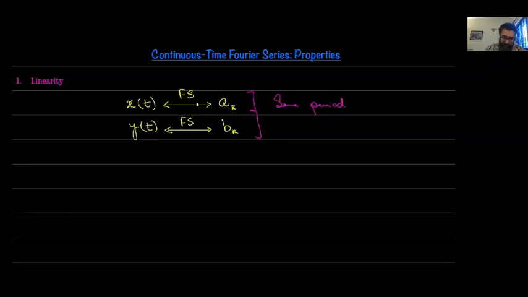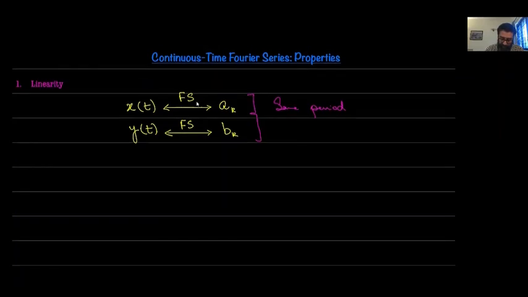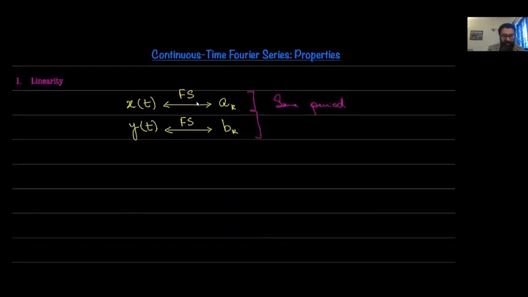Now, the linearity property states that if I form a linear combination of these two signals, in other words, with constants A and B, A times x of t plus B times y of t, this signal is, fairly obviously, also a periodic signal, which has exactly the same period as the individual signals x of t and y of t. And according to the linearity property, this signal is going to have a Fourier series decomposition.